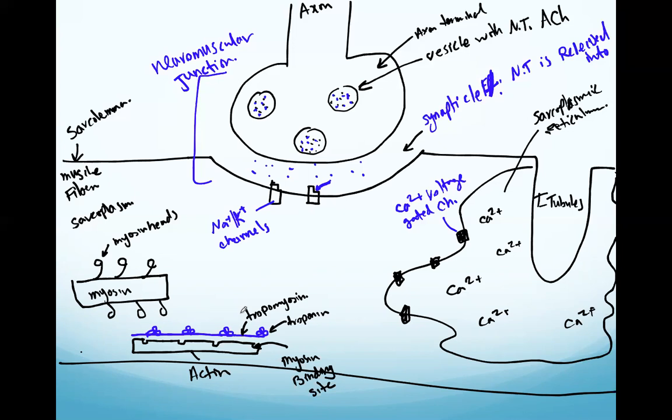So what we have is electrical impulses coming down the axon. The electrical impulse reaches the axon terminal and causes the vesicles of the neurotransmitter ACH to be released into the space called the synaptic cleft.